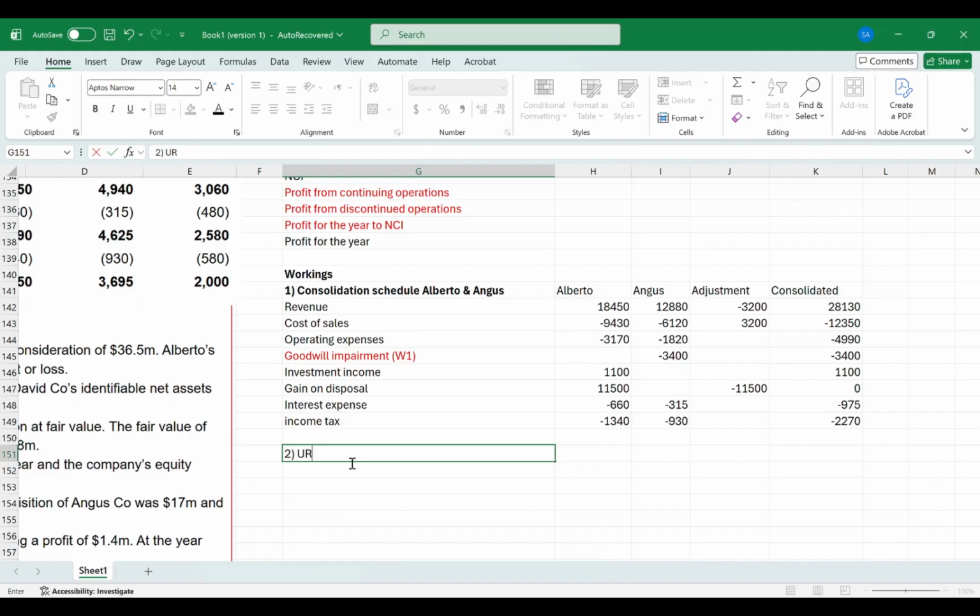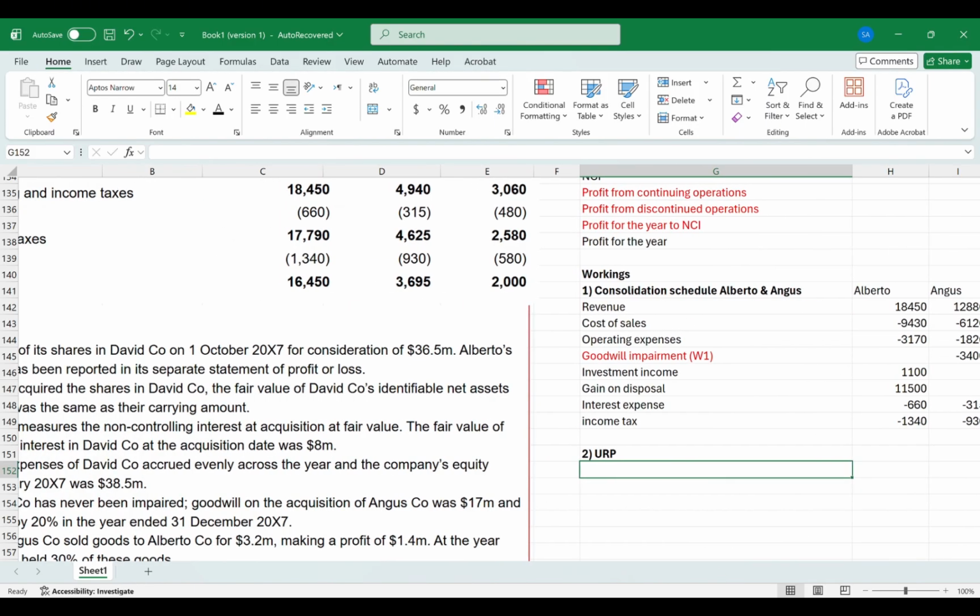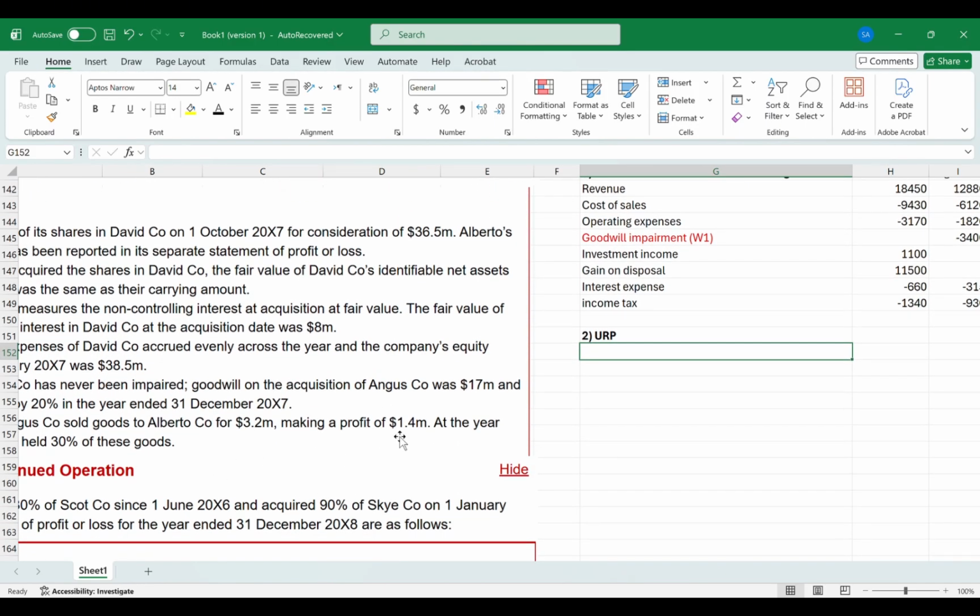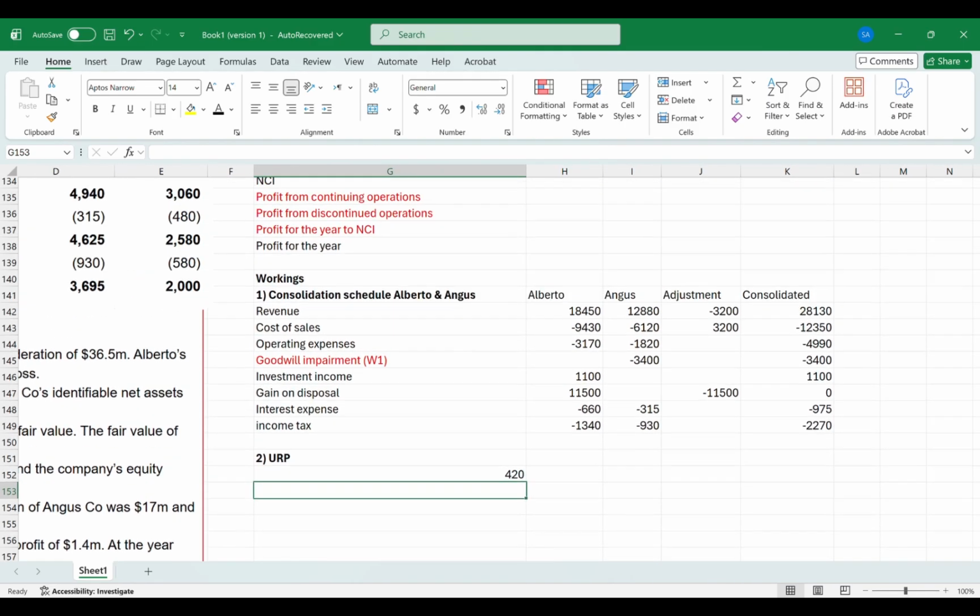Unrealized profit, you can just simply write URP. If you see here, they told in note number 6 they are making a profit of 1.4 million, and 30% is still held. So unrealized is 30% of that 1.4. That means 1,400 into 30% is your unrealized profit, 420. So this 420 you have to deduct from where?